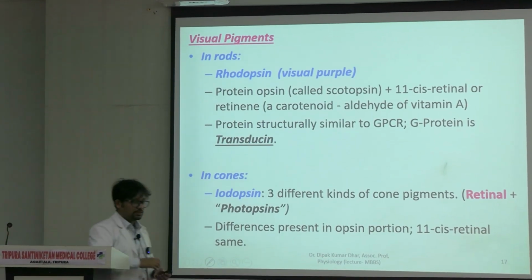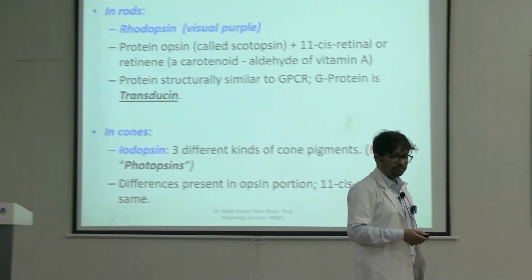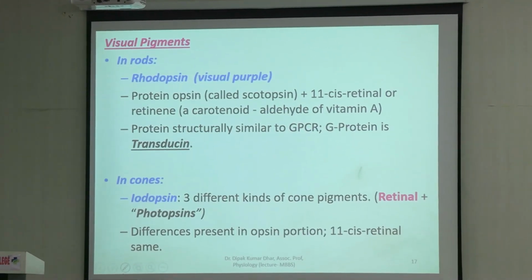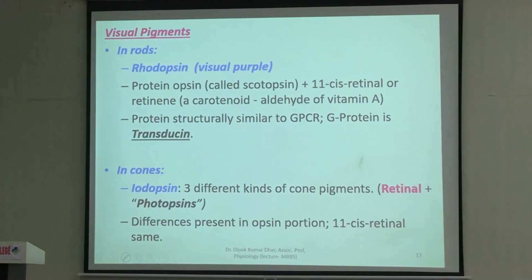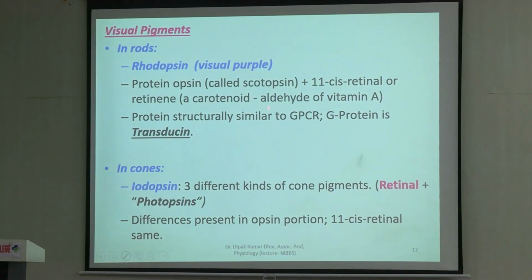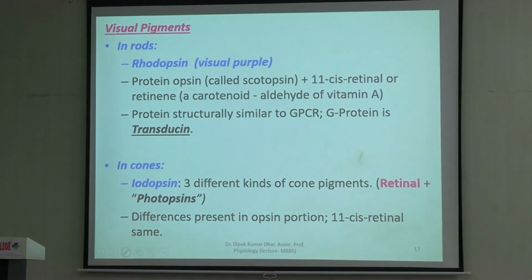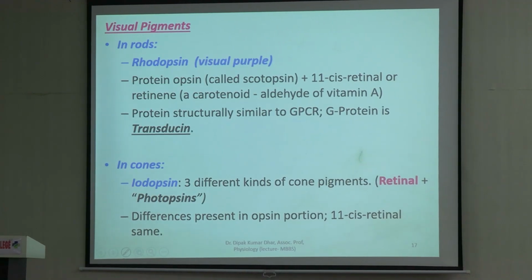So rhodopsin is composed of 11-cis retinal, the aldehyde form of vitamin A, right? And the protein that is there is opsin. This is the protein part. Now here the difference between the protein in rods and cones, as you can see, is with the protein part, not with the aldehyde part, which is the same.